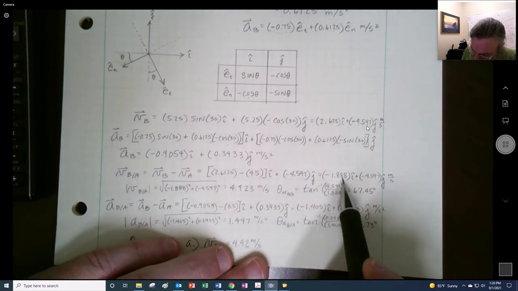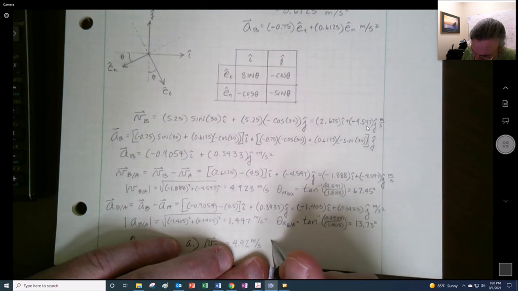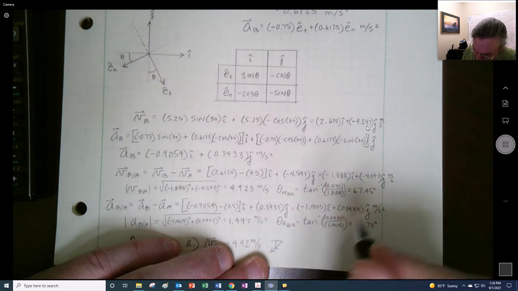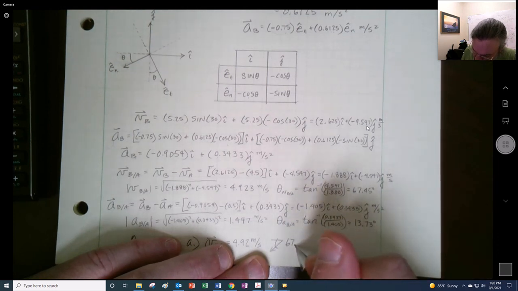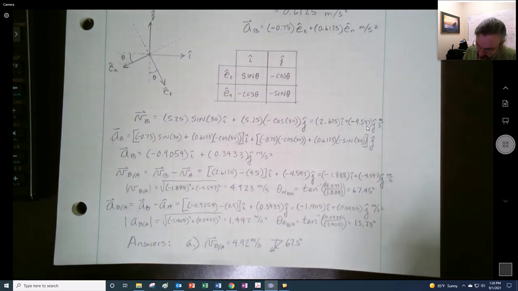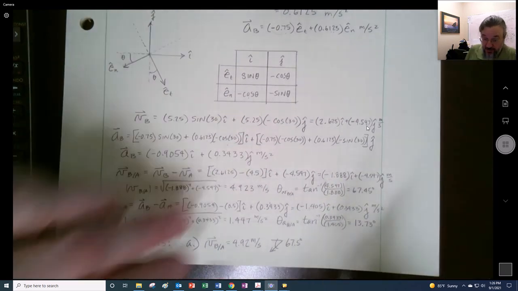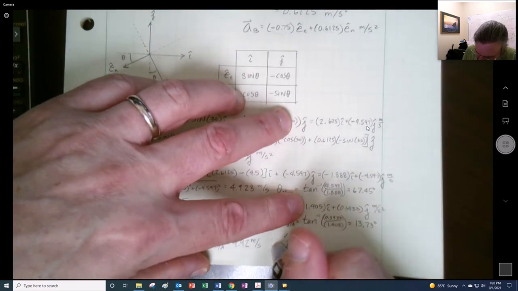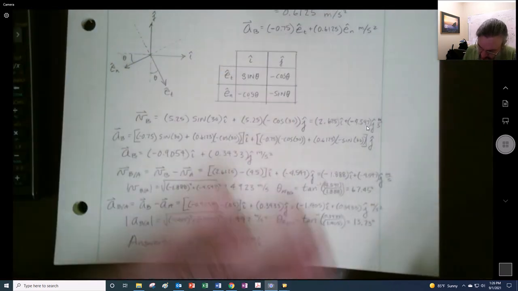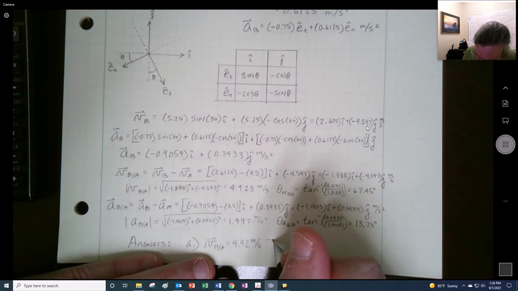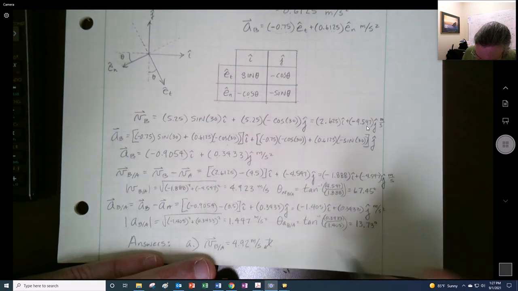It's going to be in this quadrant at 67.5 degrees. I made that too big. Let me squeeze it a little bit more. There you go.